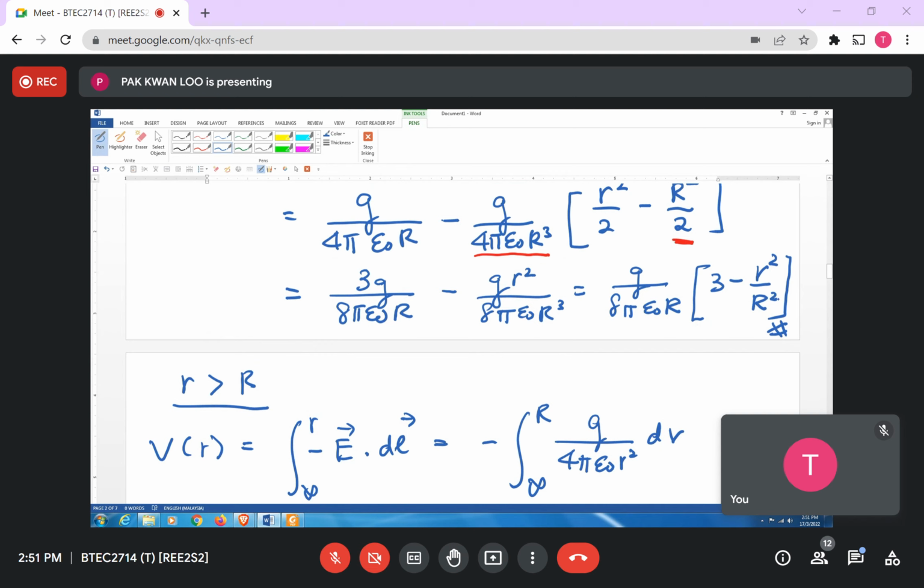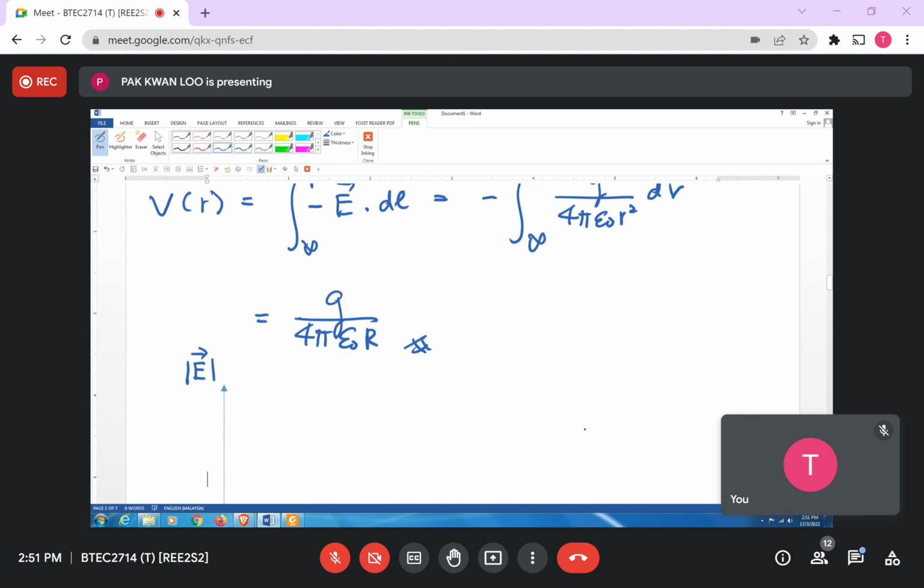The capital R squared is a constant, so the only variable here is small letter r squared. So minus r squared. We knew that for a quadratic with positive sign, let's say x squared, it looks like this. And negative x squared, it looks like this.